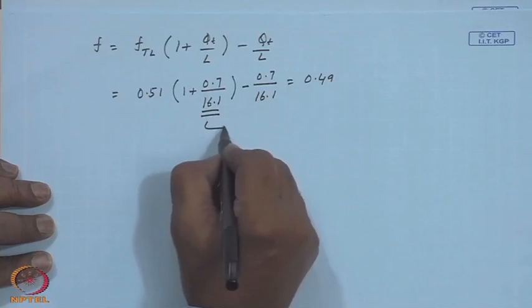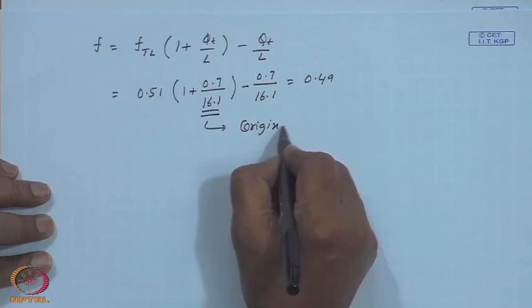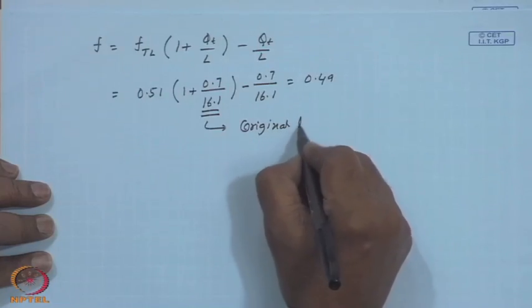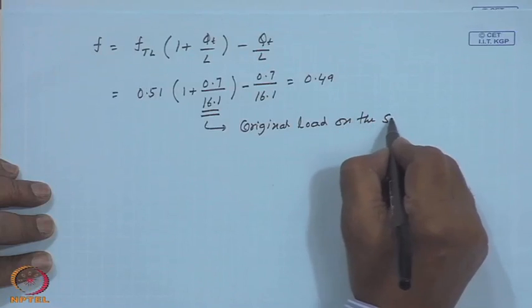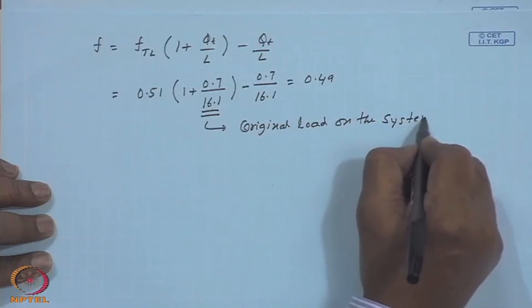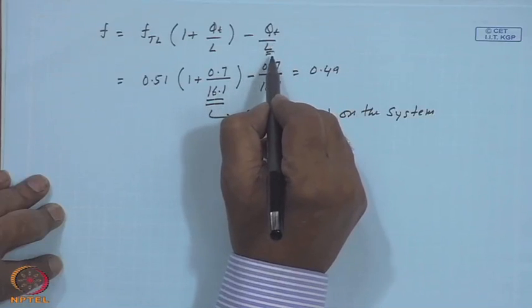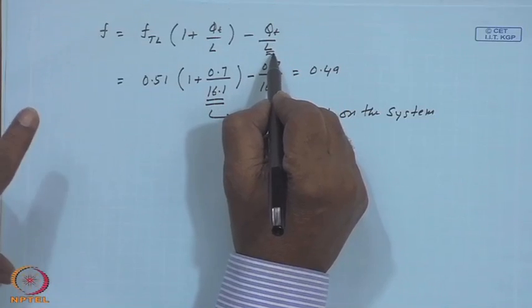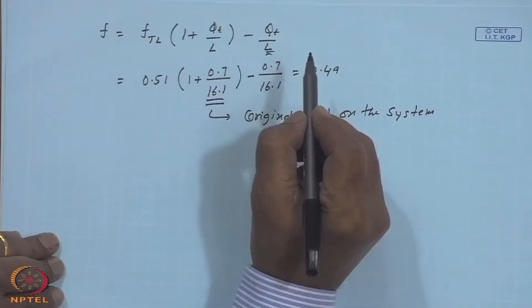Remember, here this is the original load on the system. Because we defined FTL as Q S plus Q tank by L plus Q tank, so that we divided throughout with L, the load on the system. So, in this formula it is important to remember this is 16.1, not the 16.8, which included the tank losses.